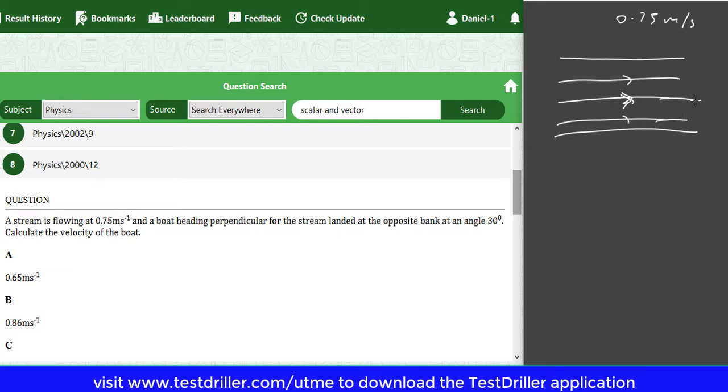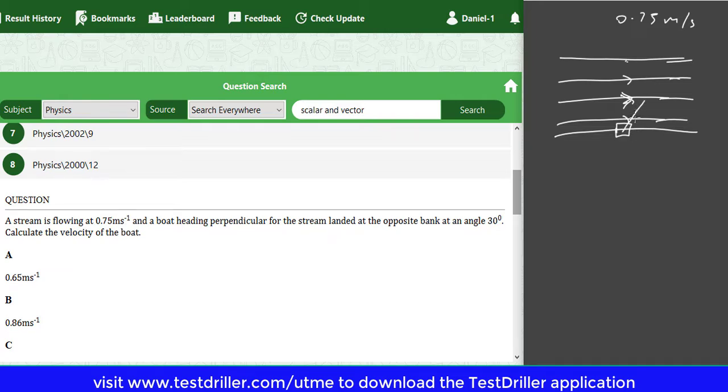This boat wants to cross to the other side. So let's say you have this boat, aiming at crossing to the opposite side of the stream. But because of the moving water, the boat ended up getting to the opposite side at an angle of 30 degrees to the horizontal, right?